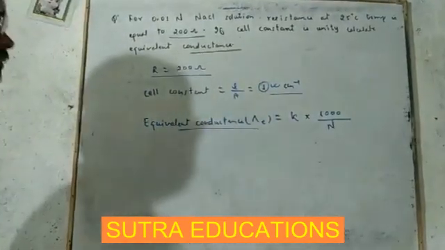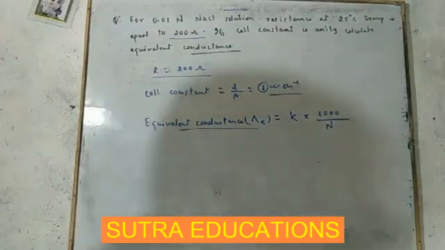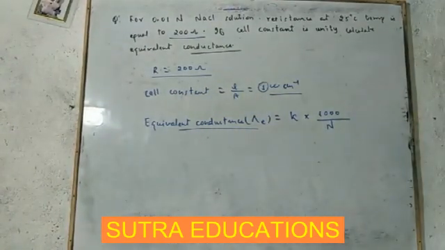Equivalent conductance is obtained as product of kappa and 1000 upon normality.